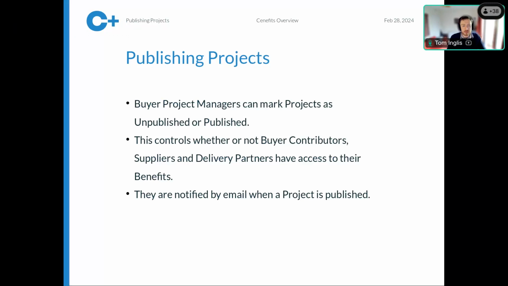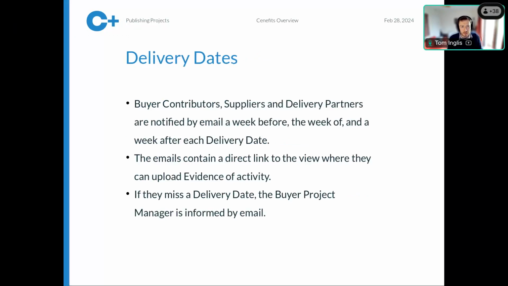When they're published, you, as suppliers and delivery partners, are notified by email to let you know that the project is published and what benefits inside it relate to you. In addition to projects being published, there are also reminders for when benefits are due to be looked at.